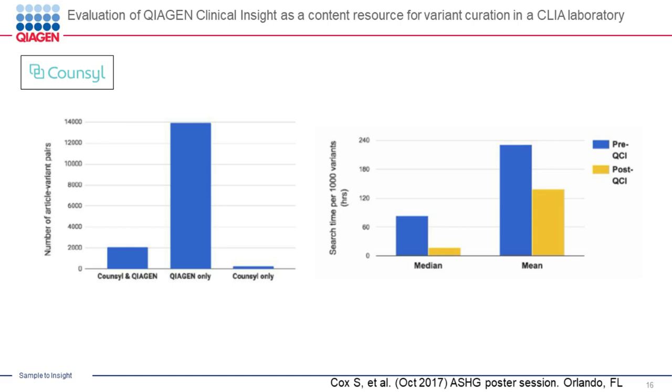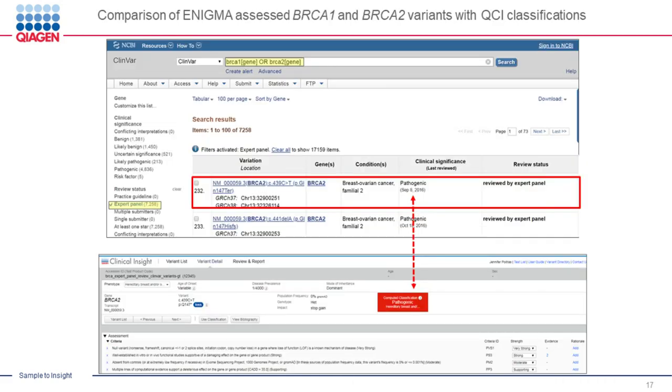Not only does QCI provide a comprehensive content resource, but this centralized content reduced the time spent searching for variant-specific publications significantly. This is made most obvious when looking at the median, where the search time is reduced in the graph on the right by an order of magnitude when using QCI, represented by the yellow bars. Overall, Counsel demonstrated that there was a clear value in adopting QCI, and they've now made it a key component of their variant assessment pipeline.